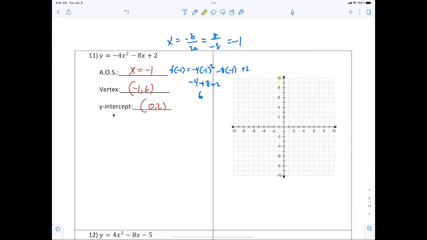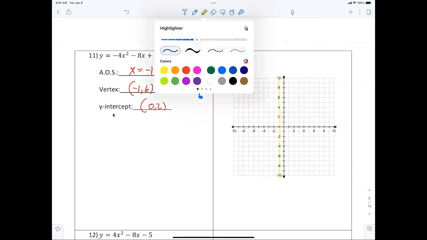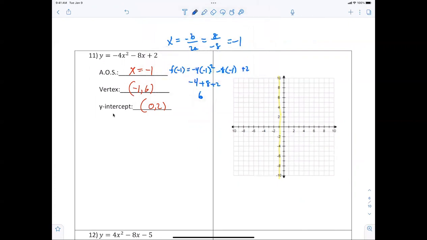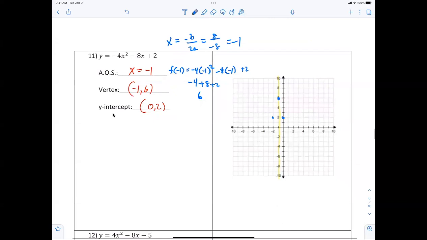So graphing negative 1. Do I have any questions with that? All right, let me pause it.